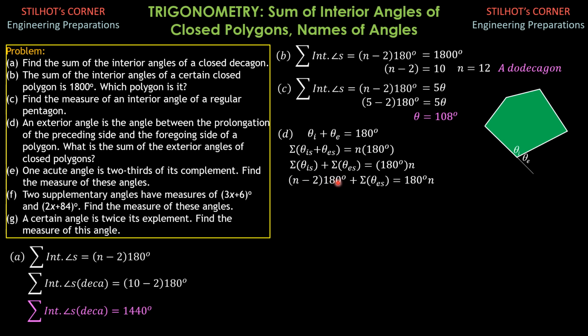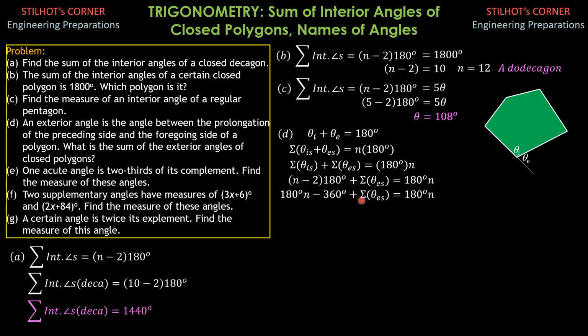Let's simplify this into 180 degrees n minus 360 degrees plus the summation of exterior angles equals 180 degrees n. We can cancel out 180 degrees n, and we have these two terms left. This negative 360 when transposed to the right becomes positive 360 degrees.